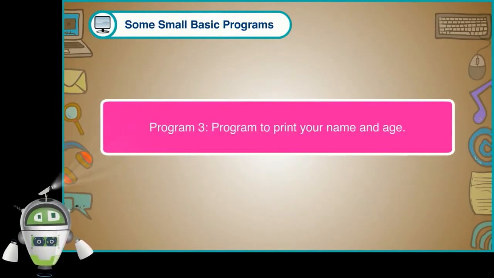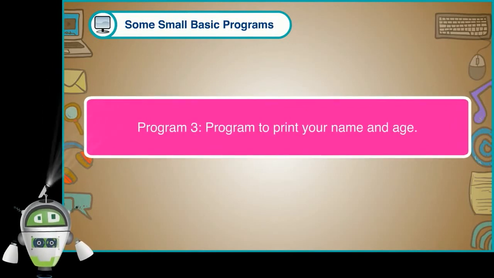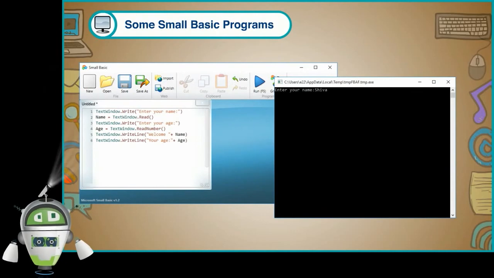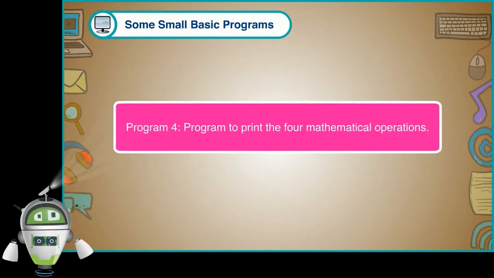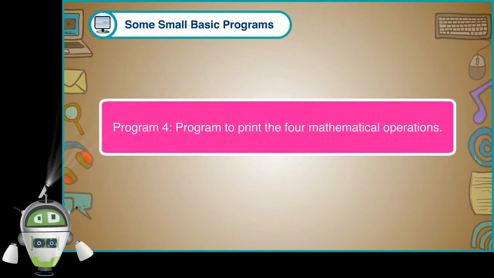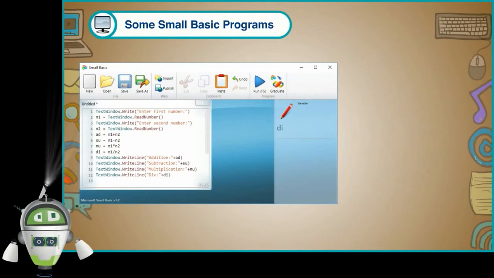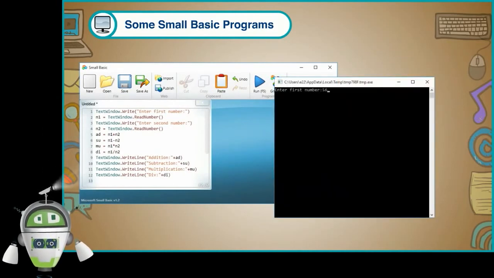Program 3. Program to print your name and age. Output. Program 4. Program to print the four mathematical operations. Output.